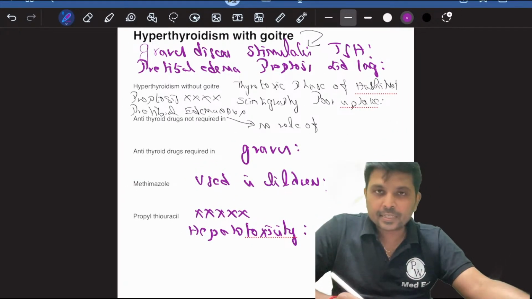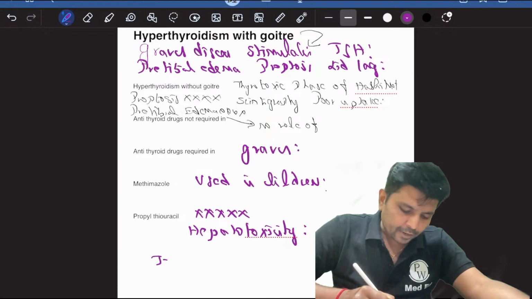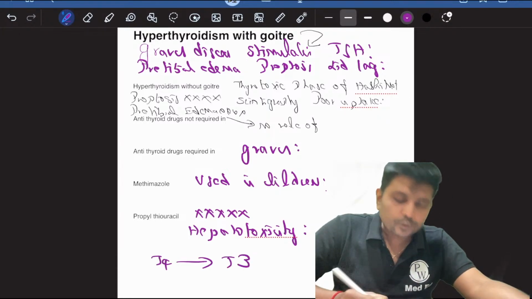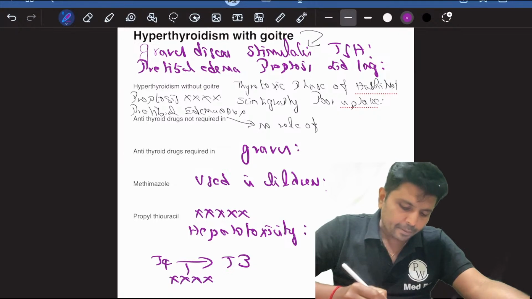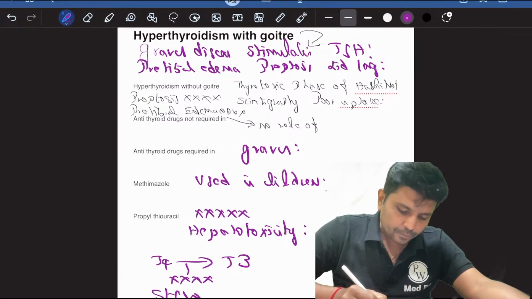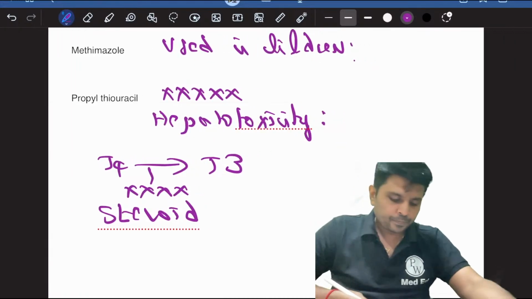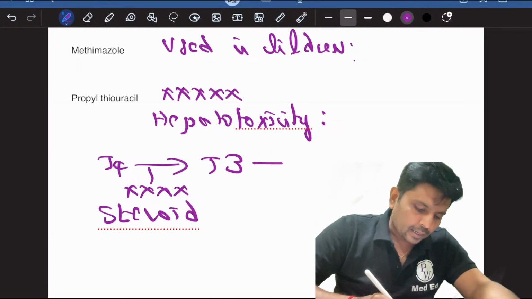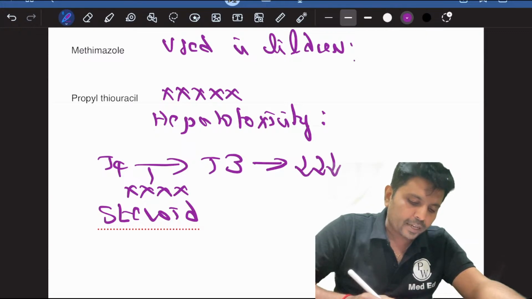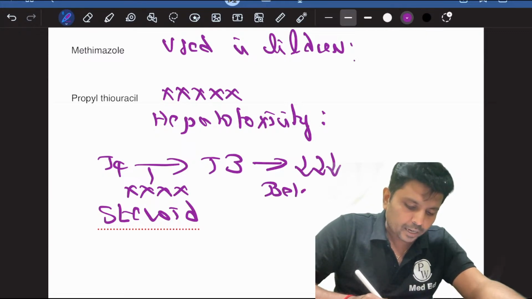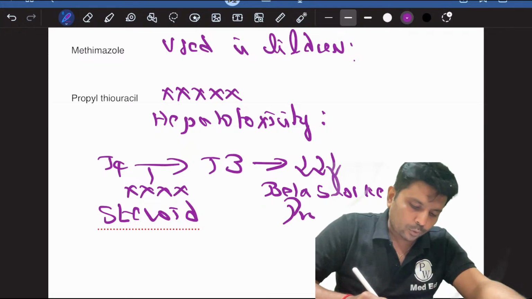What other drugs can be used in case of Graves' disease? T4 will be converted into T3, you all know. This conversion can be inhibited by steroids, as well as the effect of T3 over the tissues can be reduced by giving a beta blocker such as propranolol.